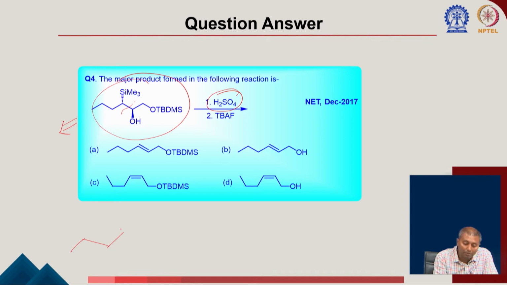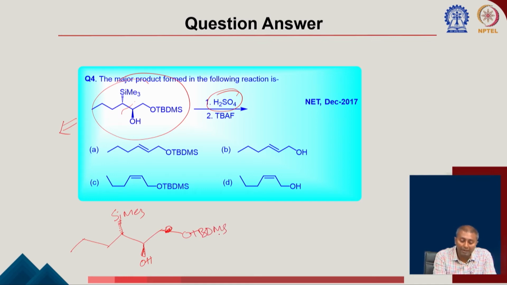So, I talked about the beta effect of silicon. Remember, if you forgot, then you should definitely go back. So, they are trans. So, you have a CH2 and then OTBDMS.